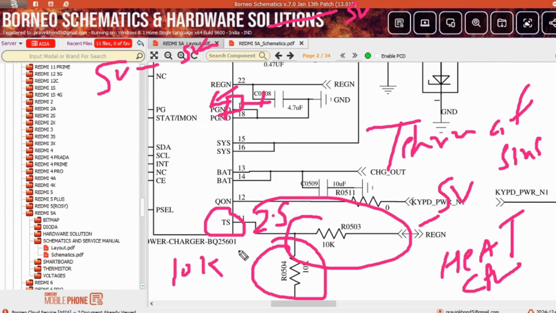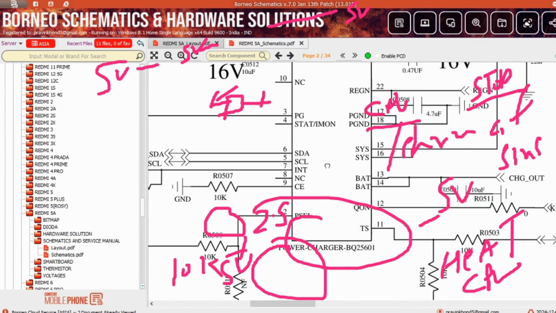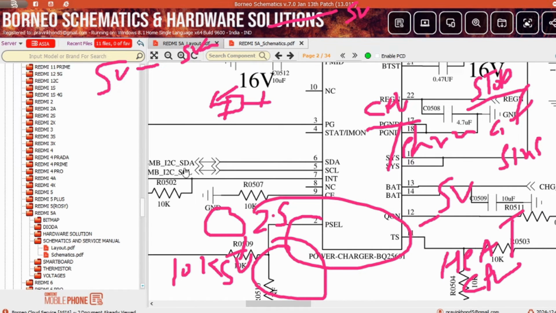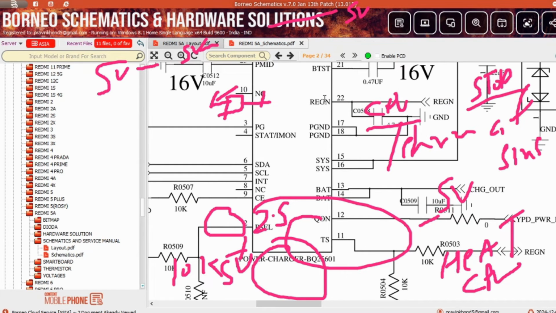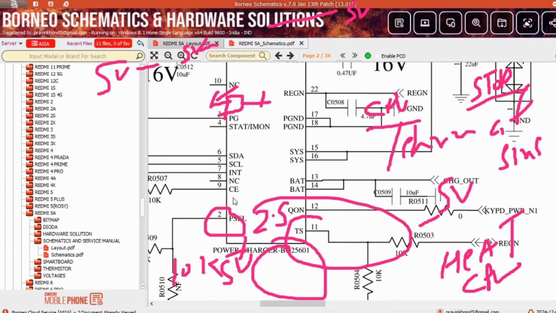After you connect the battery or charger, if you get 5 volt here, then the CPU stops the working of this IC through the I2C lines. Clear? The CPU senses all this information, each and every point, through the SDA and SCL lines, serial data and serial clock line. These two lines are connected with the CPU. The CPU gets all information about this IC.